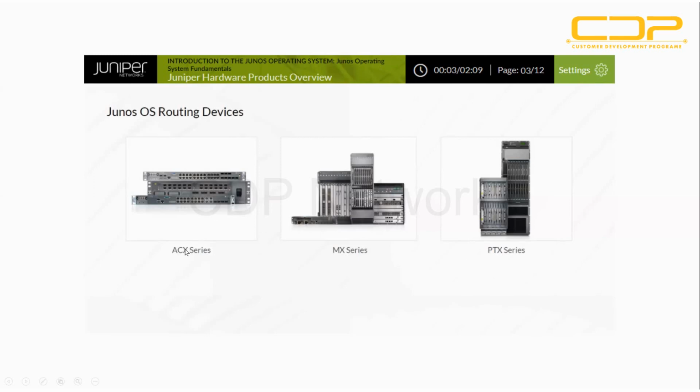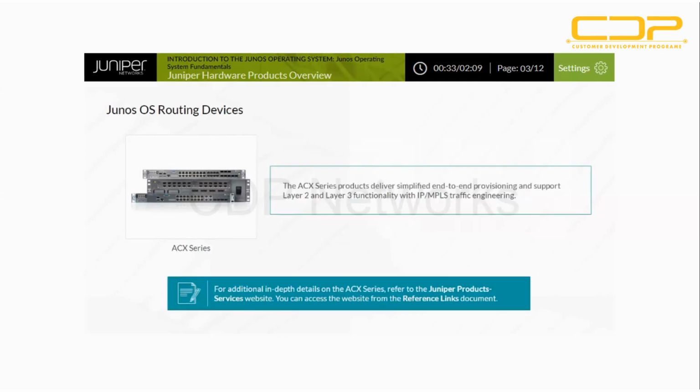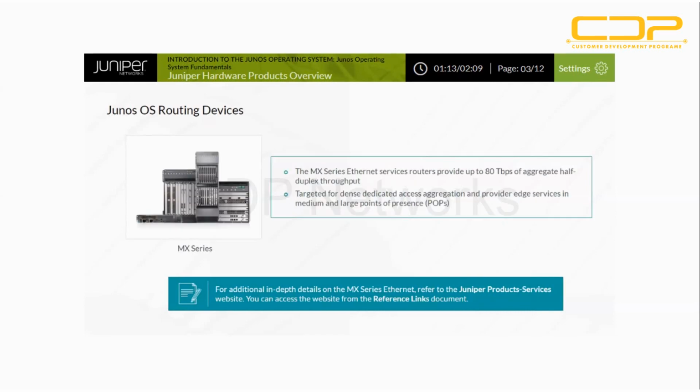Basically, ACX and MX series are required for mid-range organizations. And the PTX series is a very heavy router, basically deployed at service provider grade. Okay, so this is the ACX series. ACX series products deliver simplified end-to-end provisioning and support layer 2 and layer 3 functionality with IP or MPLS traffic engineering. This is the feature.